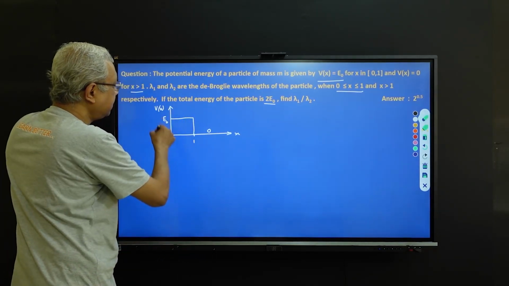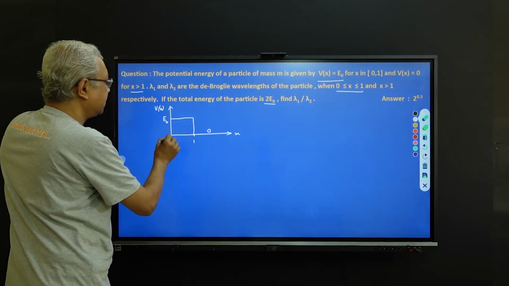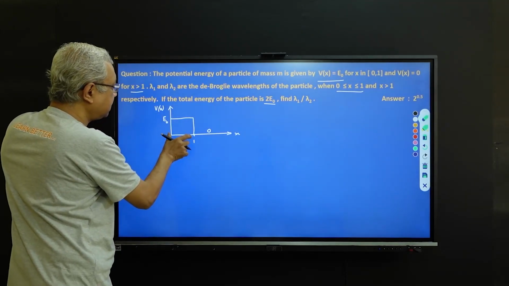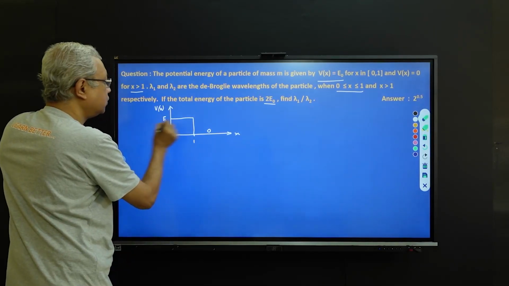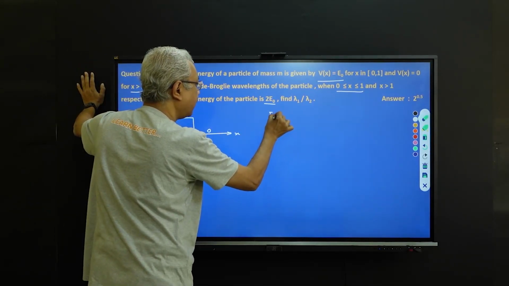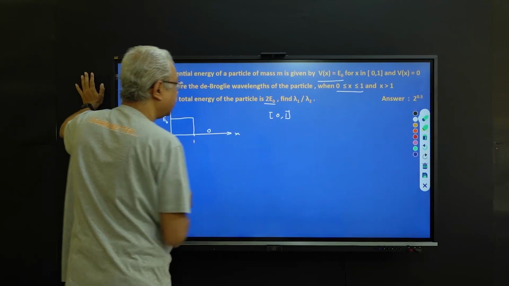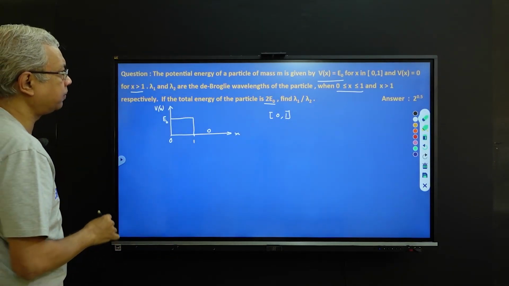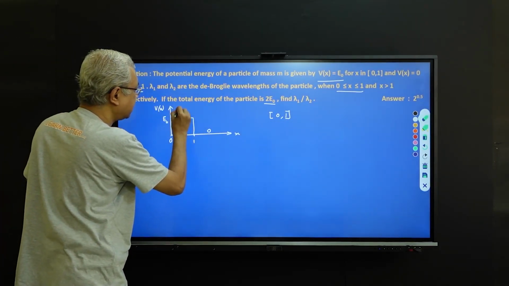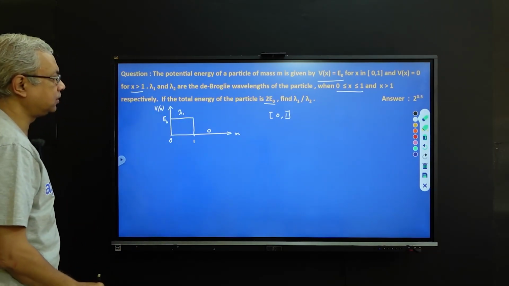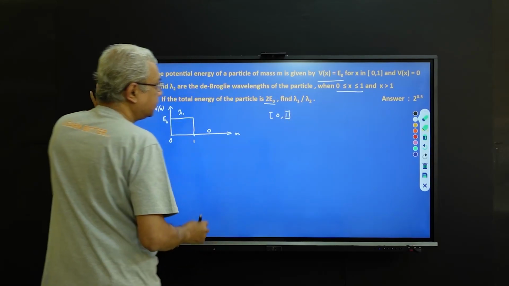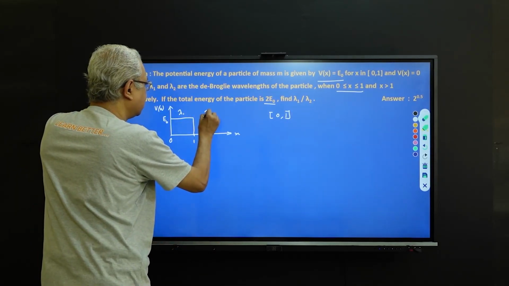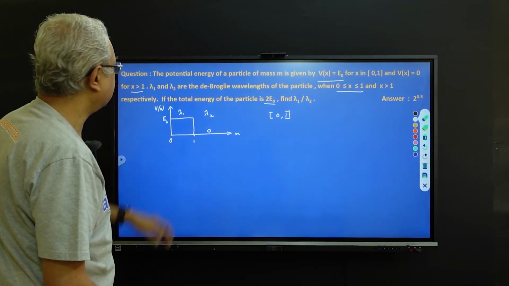And when the spatial coordinate of the particle is in the closed interval 0, 1, the de Broglie wavelength of the particle is lambda 1. Here the particle's wavelength is lambda 1, and when x is more than 1, then it is lambda 2.